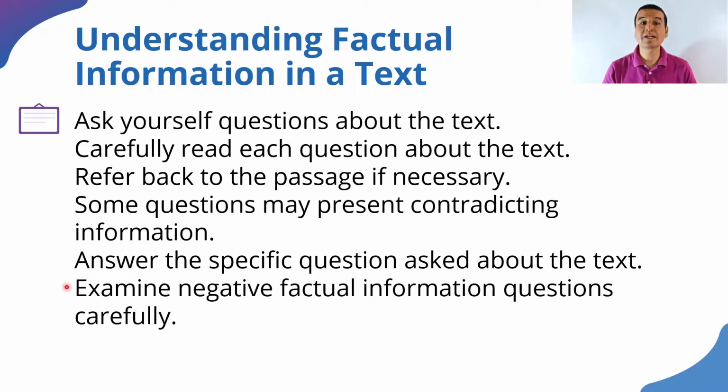Sometimes they ask you what is not included in the text, for example. And the following is a characteristic of dolphins, for example, that is not mentioned in the text. So you have to go back and examine the information in the text to see what is not included there. That is a type of question that you may have to answer, or that is something that you may have to ask.